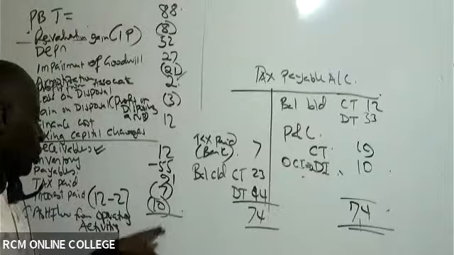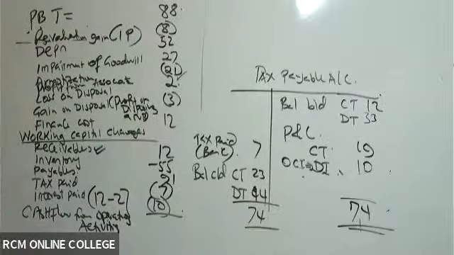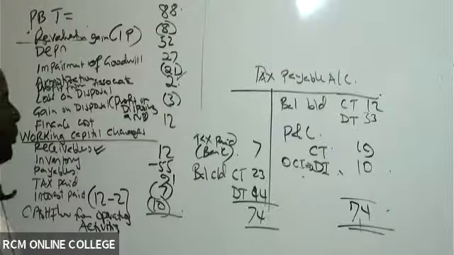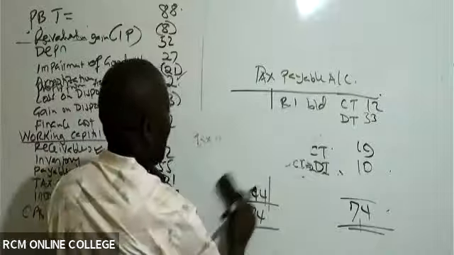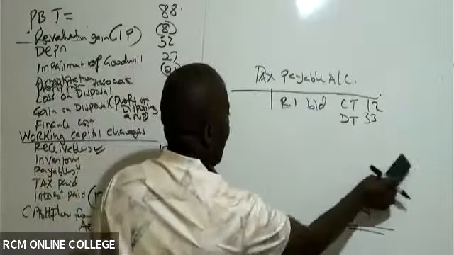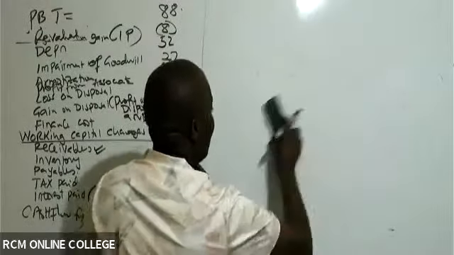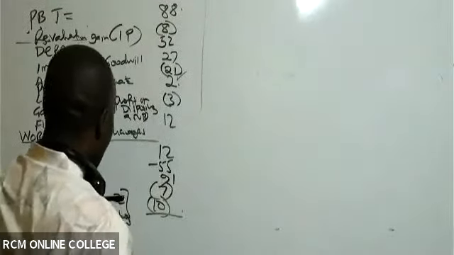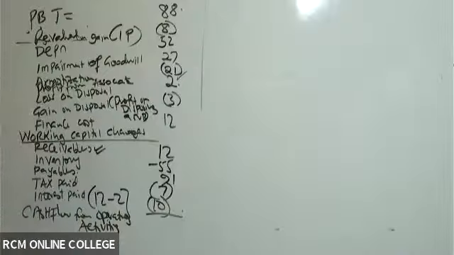And then you give me the total figure here. Cash flow from operating activities. How much do we have here?